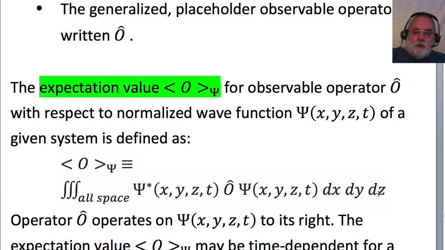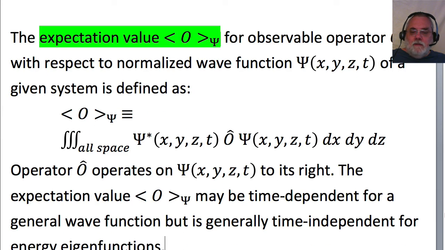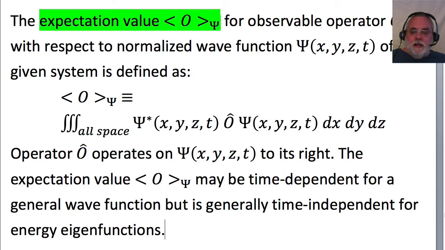This is for a normalized wave function, so there's no denominator. Here, operator O operates on the wave function psi to its right. Operators operate to the right. The expectation value of O for psi may be time dependent for a general wave function, but it's generally time independent for energy eigenfunctions.